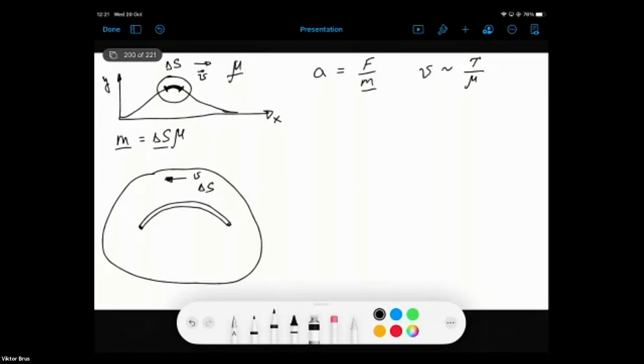Now, what we need to do next. This small element forms a segment of a circle with a center at, let's put, point O. And this distance here will be the radius of the curvature of this small element.